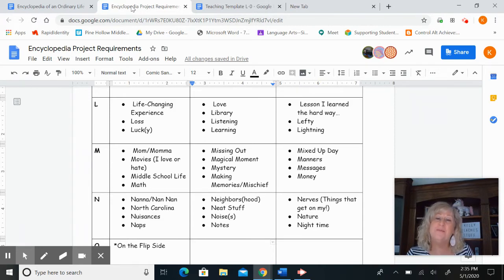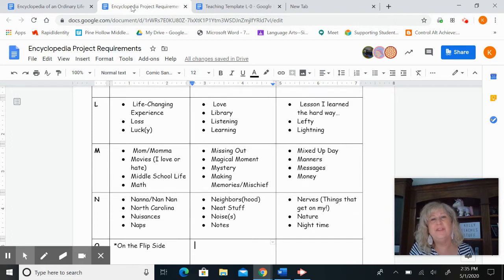Another possibility, a lesson I learned the hard way. Then lefty, being a lefty or left-handed person, or maybe you live with a left-handed person and things are different there. Or lightning. We're getting ready to have a storm right now, so we might hear some thunder pretty soon. So those are some examples for the letter L.